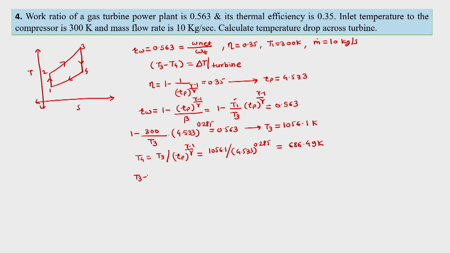So we can get T3 minus T4 is equal to 1056.1 minus 686.49, which is 369.6 Kelvin. So this is how we can find out the asked quantity, which is the temperature drop across the turbine.